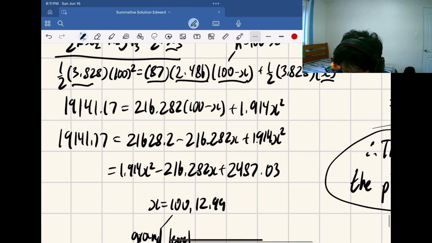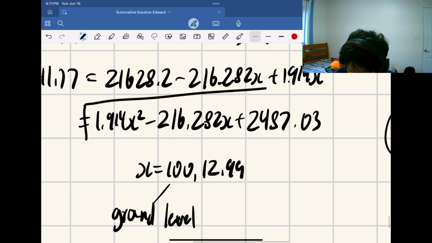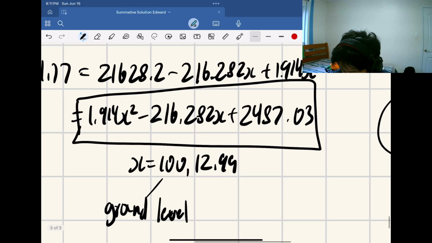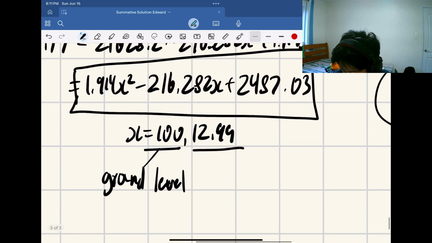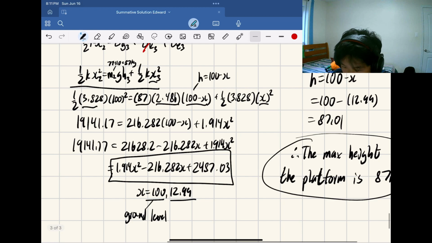After that, we plug it all in and we get a quadratic equation. It comes down to this equation, in which x is equal to 100 and 12.99. And this x is equal to 100 because if you plug x into the equation, you'll see that the two sides are equal to each other.